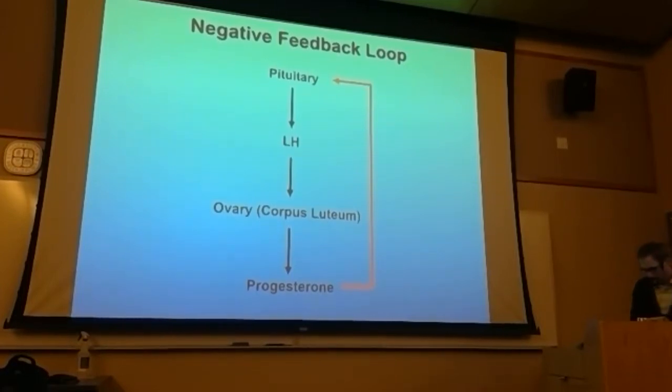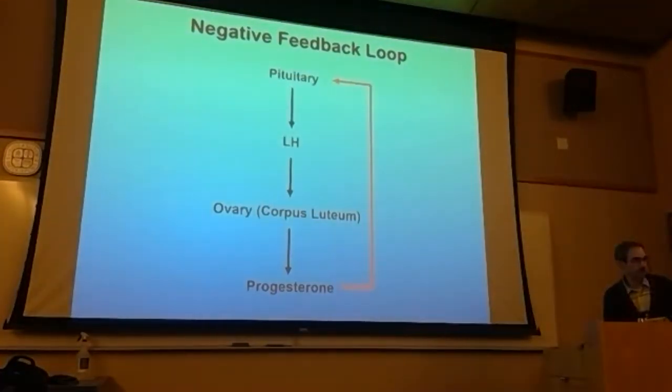I mentioned that one of the other irregular hormone levels includes very low levels of progesterone and very high levels of LH. I also said that PCOS was characterized by an anovulatory state. Well, if you don't have ovulation, you can't form a corpus luteum. If you can't form a corpus luteum, you can't produce progesterone.